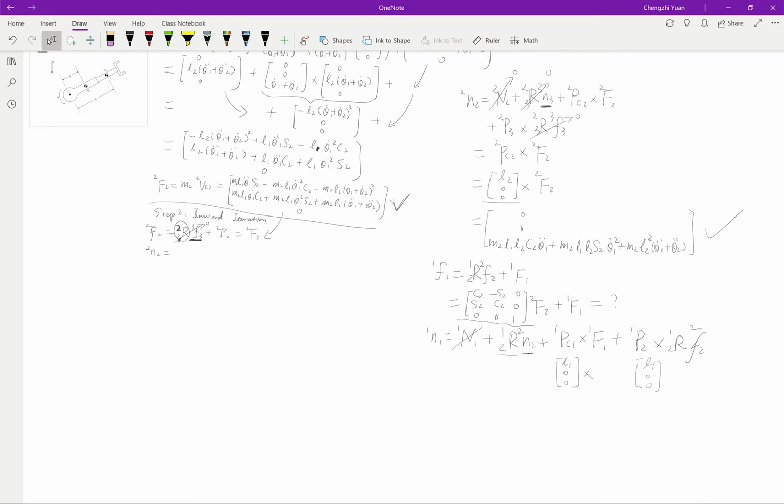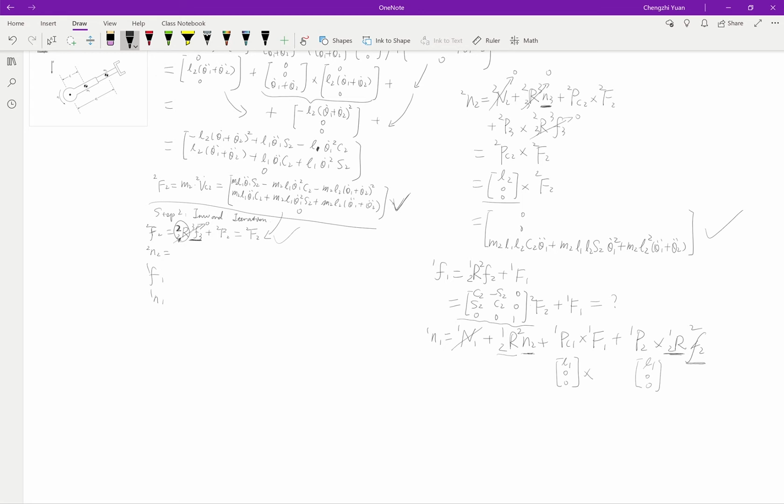The rotation matrix R_2^1 and F_2^2 are known from the earlier information. Then you can summarize everything together, and after you calculate F_1^1 and N_1^1, what is the next step?